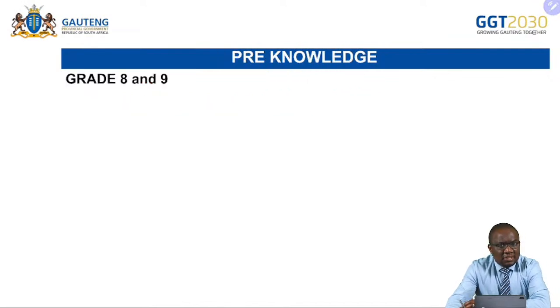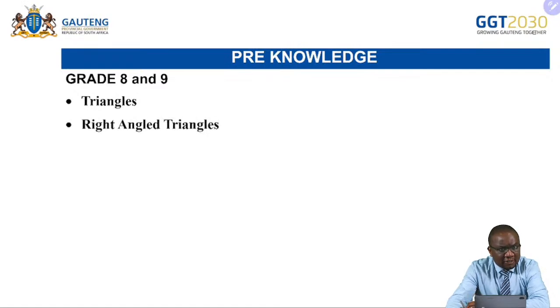In grade 8 and 9, we did topics that are going to assist us in today's lesson. We did triangles. We're going to use triangles today, especially the right angle triangle and the equilateral triangle. We did the Pythagoras theorem, which is very popular in trigonometry.